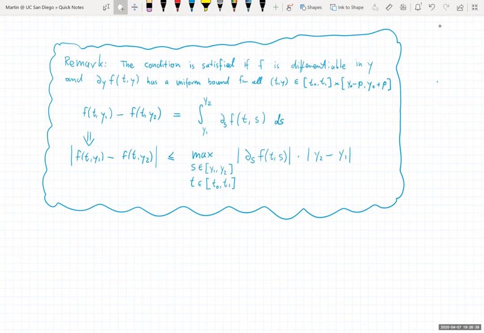And this maximum value of the derivative is then multiplied by the length of this interval, which is y2 minus y1. So in this context here, this maximum of the derivative is my quantity L.